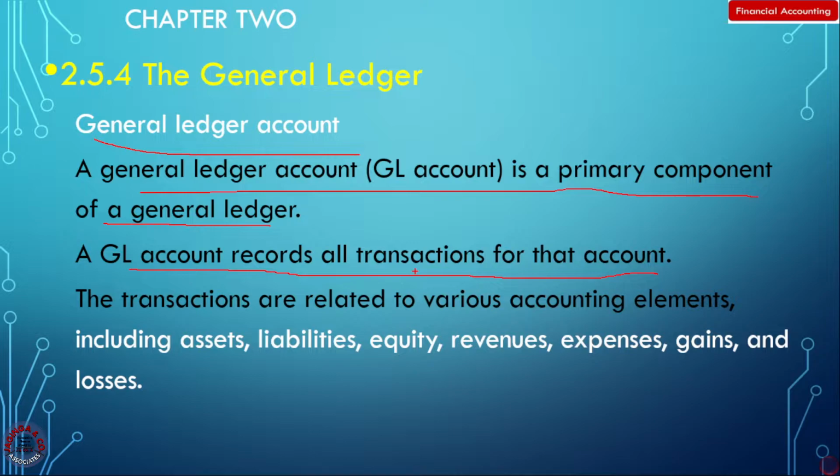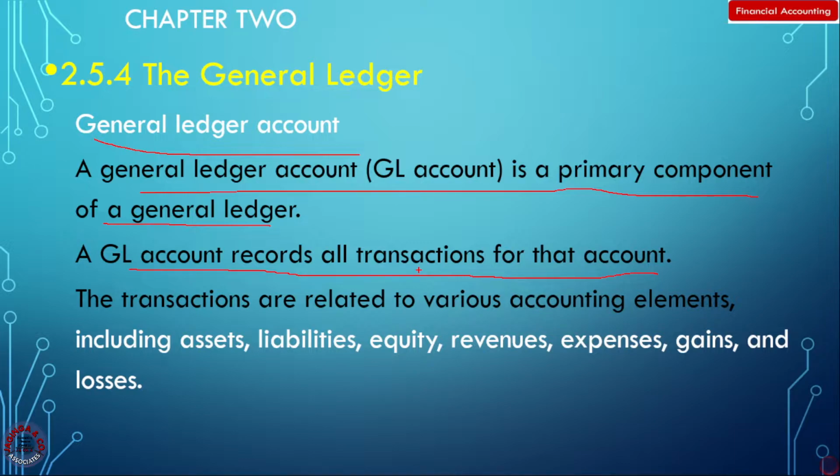And when you have expenses, whether they are operational or non-operational expenses, all those expenses will be recorded under the general ledger account for expenses. And when you have liabilities, whether they are long-term or short-term liabilities, all those transactions will be recorded under the general ledger account for liabilities.